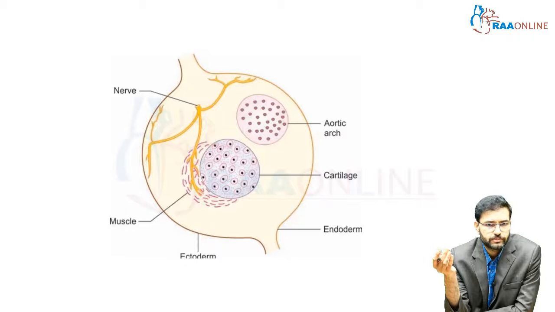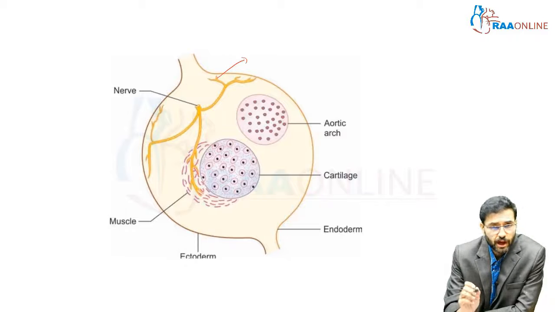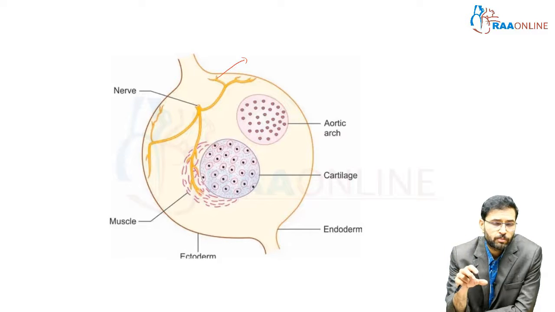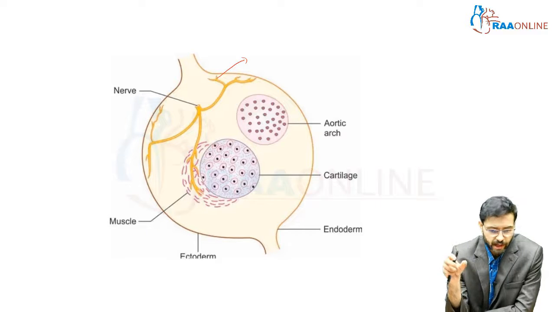The nerve component is different for each arch, and the aortic arch component is also different. Each arch contributes its own nerve, and the muscles supplied by this particular nerve, a cartilaginous component which gives rise to skeletal derivatives, and an aortic arch.